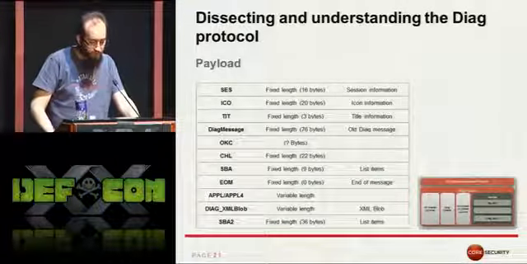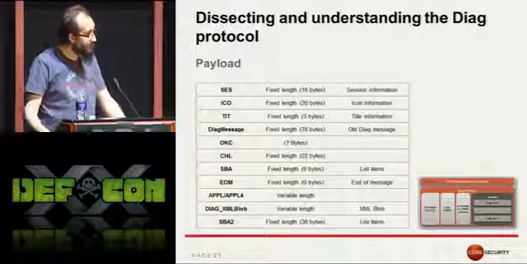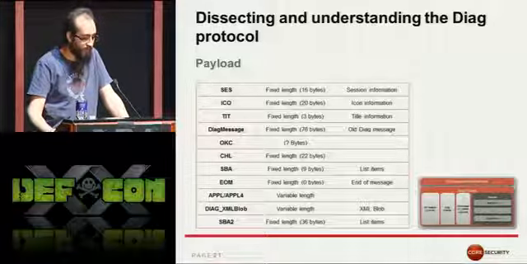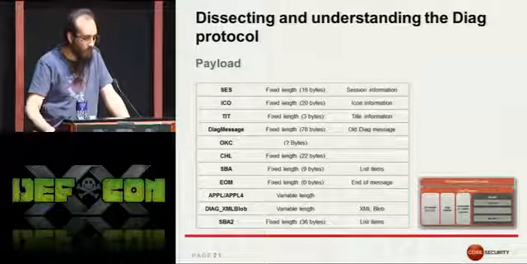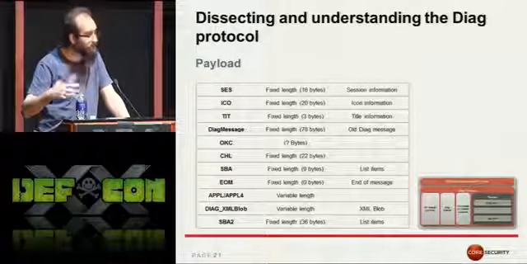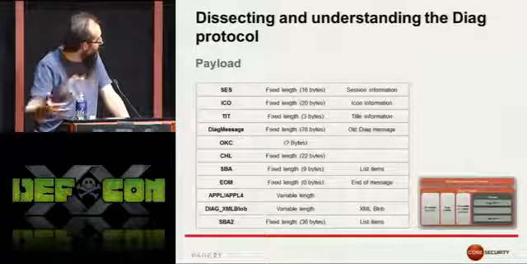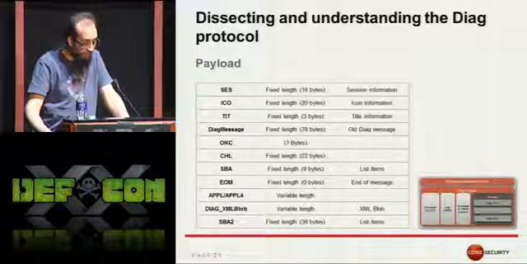The payload itself, which is the most important part of every packet, is composed of a variable number of items. During my test, I identified 11 different items.